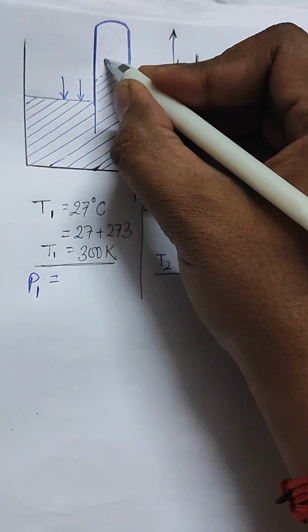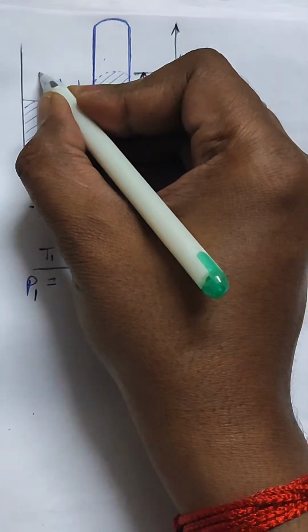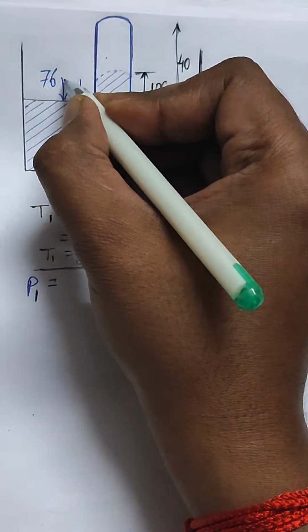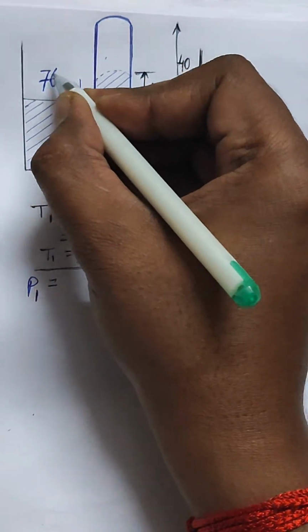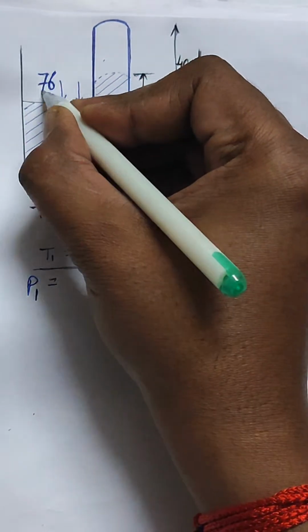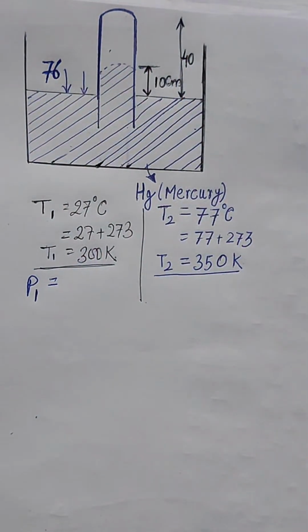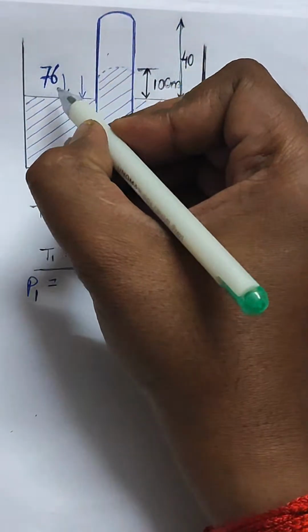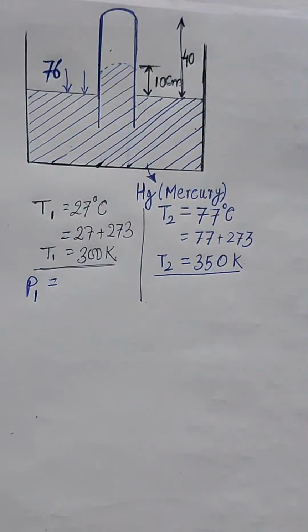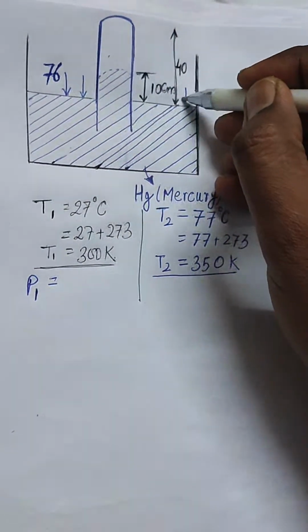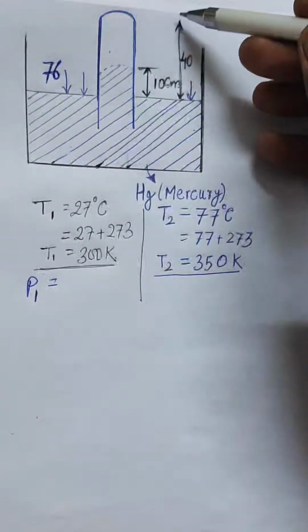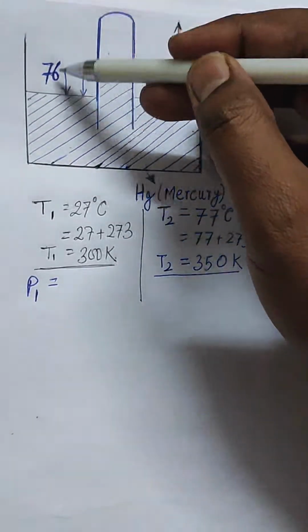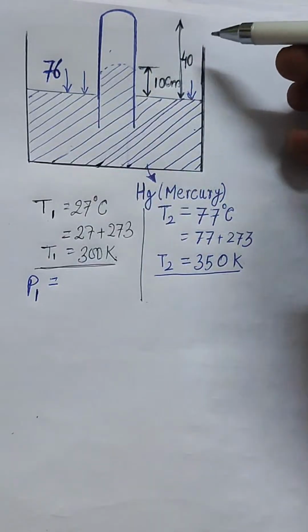Under the tube, here it is 76 mm of Hg, if you remember. Now it's not mm, it's cm as per the question. 76 is on the layer of mercury which is in direct contact with the atmosphere. You got what I want to say?